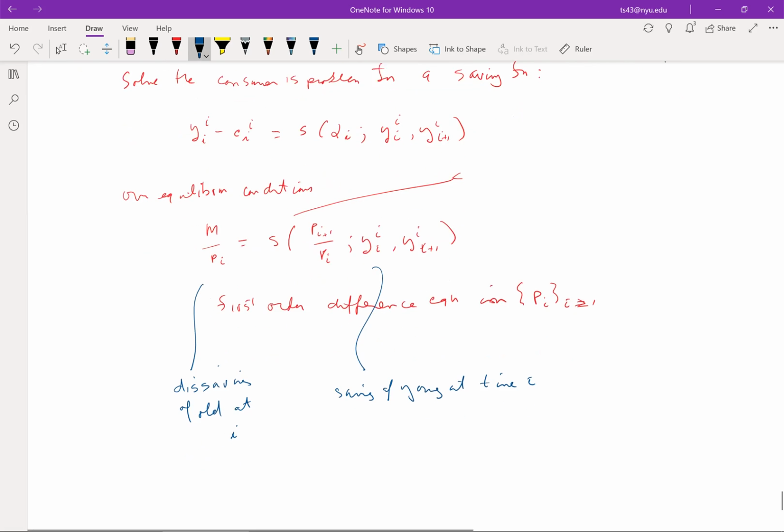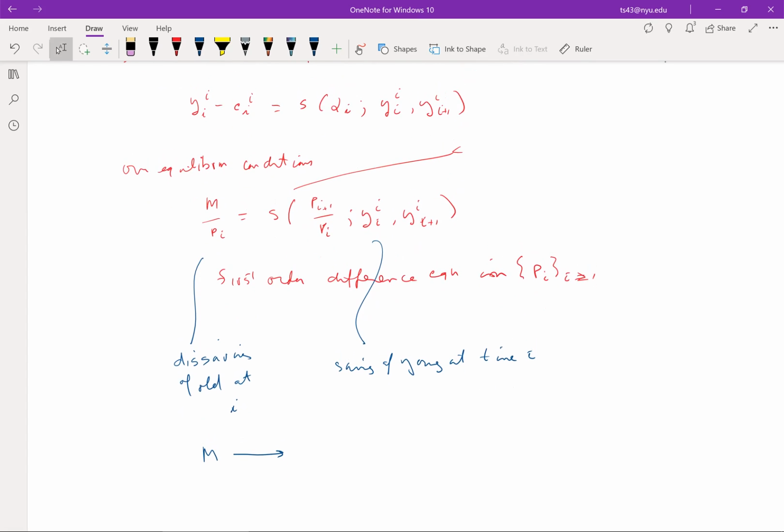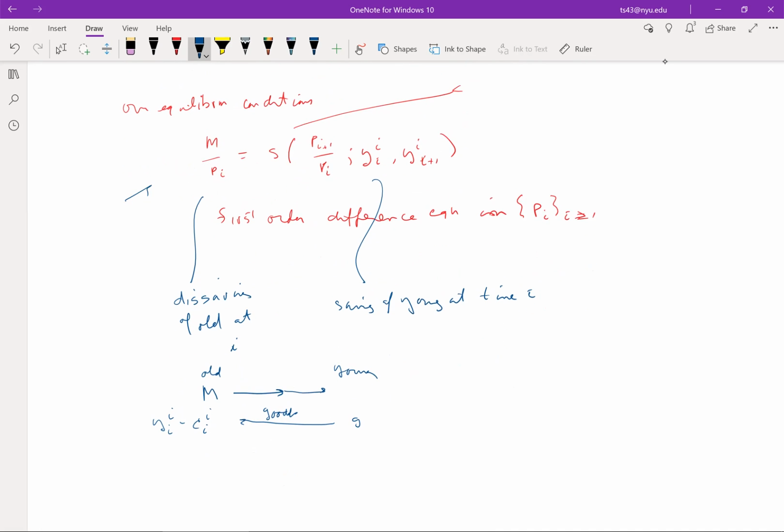So what's going on is the old are sending money to the young, and in return, the young are sending, what are they sending? They're sending y minus c. They're sending goods to the old. This is the way this goes. And so this is what this equation says.